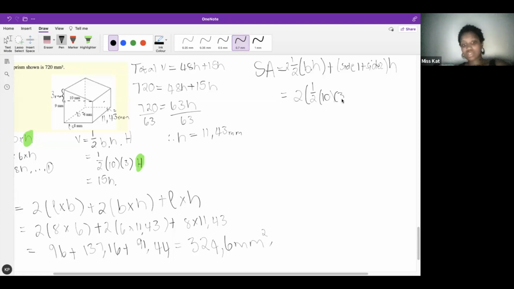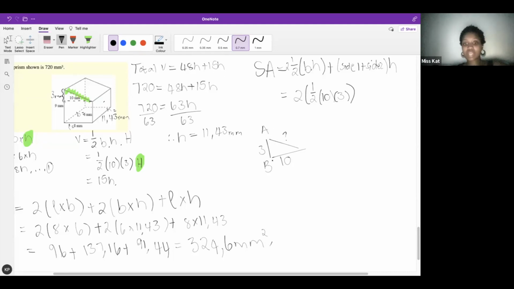My height is 3. Remember, there are only 2 sides, Abu, because the third one is the bottom, but that's not part of the surface, remember? Oh, what's missing? We don't even have the third side. How are we going to find the side, guys? Abu, favorite word? Thank you. I think, because if this is the triangle, we have 10 and we have 3, but we have no idea what the hypotenuse is, right?